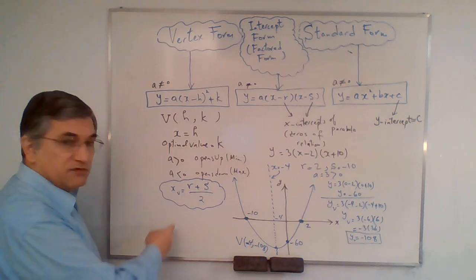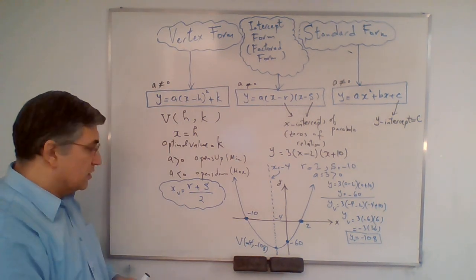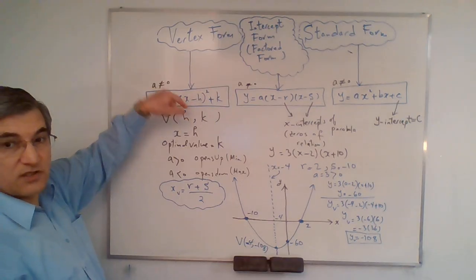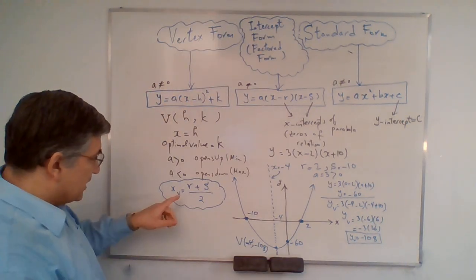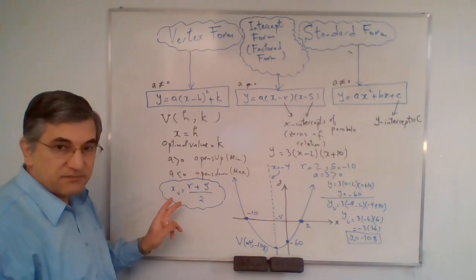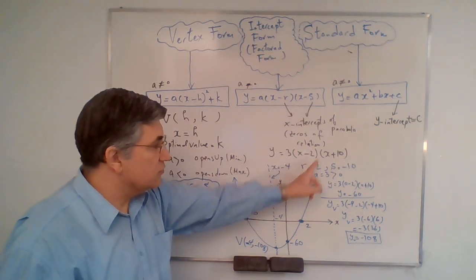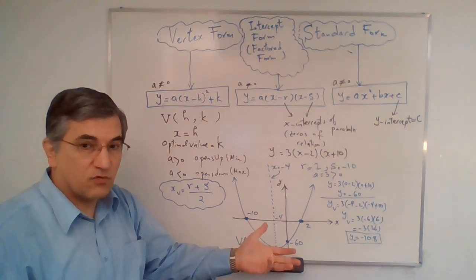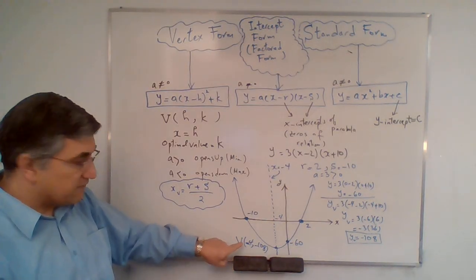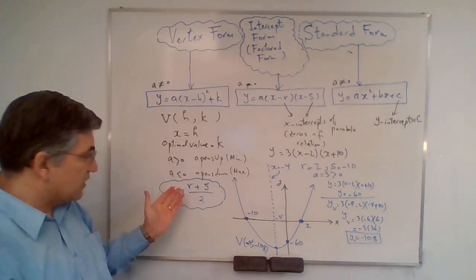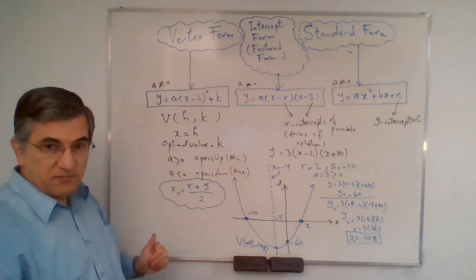But I just wanted to give it to you as a formula. So the x-coordinate of the vertex, which we called h in vertex form in the past, is equal to r plus s divided by 2, or the average of the x-intercepts. R here is 2, s is negative 10, add them up, negative 8 divided by 2, negative 4. So that means the x-coordinate of the vertex is at negative 4, as we said before. Okay, so that's another important property to remember.